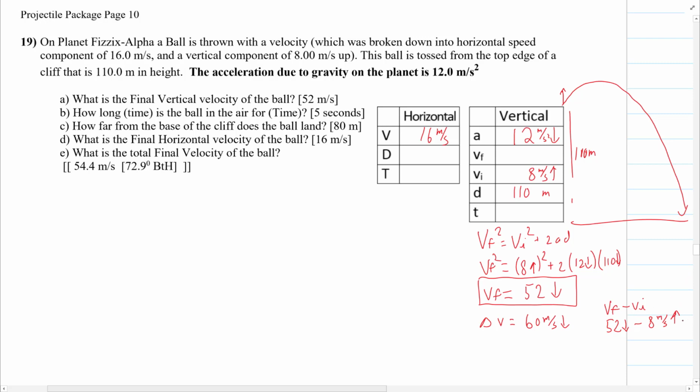Okay, and that changes 60. So the time is delta V over A, and that's 60 over 12, which is 5. So we've figured out this is 52 meters per second down, and this time is 5 seconds.